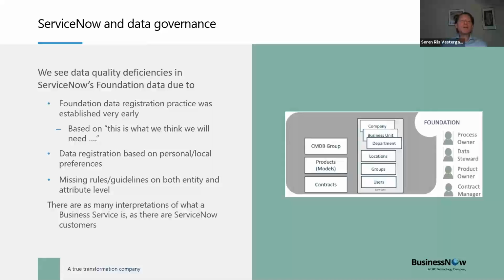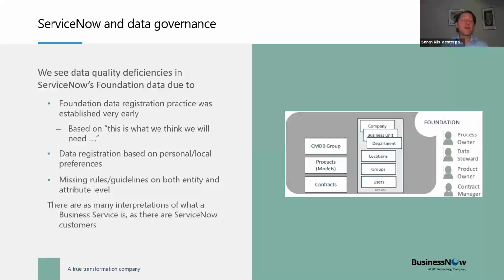What we see when we work for ServiceNow customers is that there are often data quality deficiencies in ServiceNow's foundation data. That's reality. They are not complete, they are not correct. It's difficult to use. And why is that?